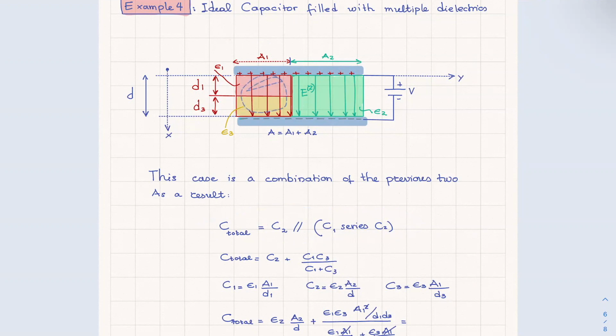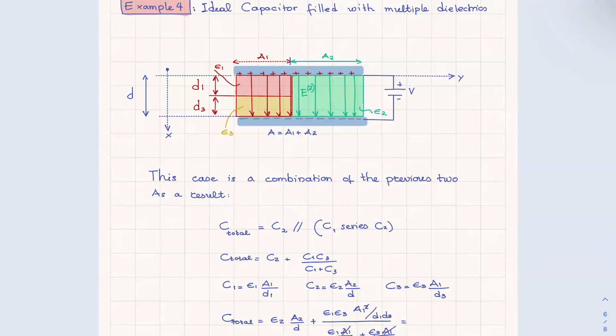But this capacitor here has two materials, placed horizontally, side by side, which means that on the left, the capacitance is going to be the result of two capacitances in series. So one is going to be this capacitance and the other is going to be this capacitance.